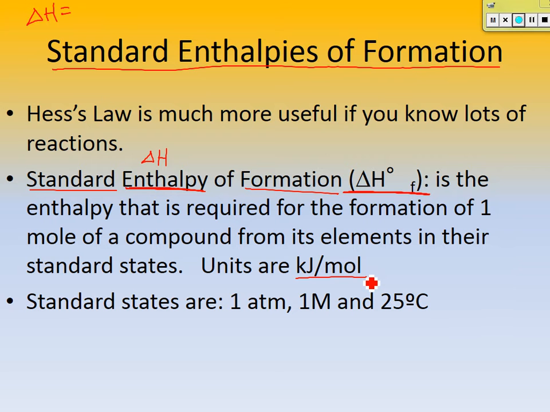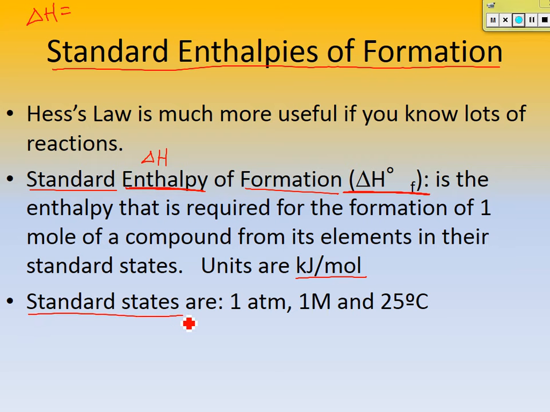Okay, standard states are when you have these conditions. You're at 1 atmosphere of pressure, which is atmospheric pressure most of the time, 1 molar concentrations, and the temperature is 25 degrees Celsius, which is about room temperature. So that's why they call it standard states.